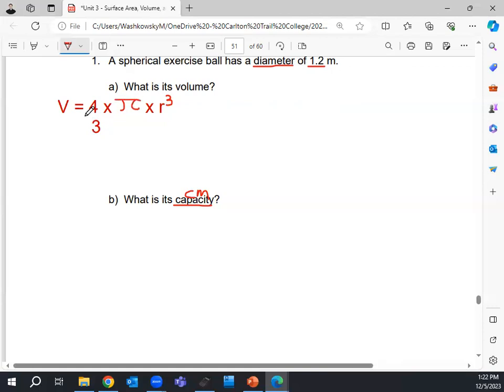Those times symbols don't exist in your actual formula, because they're invisible. The only reason I'm putting those X's there is to show that you're multiplying those things together.